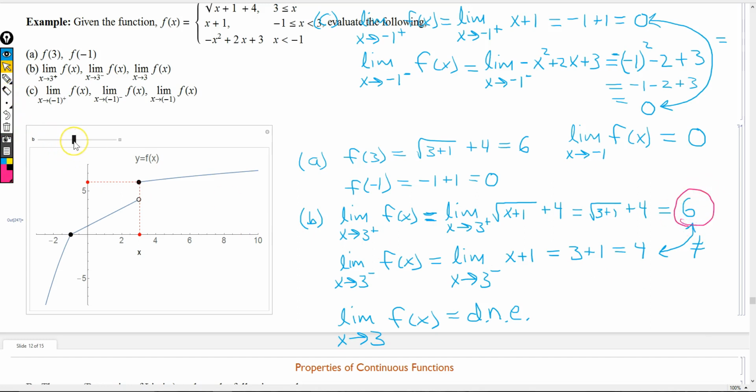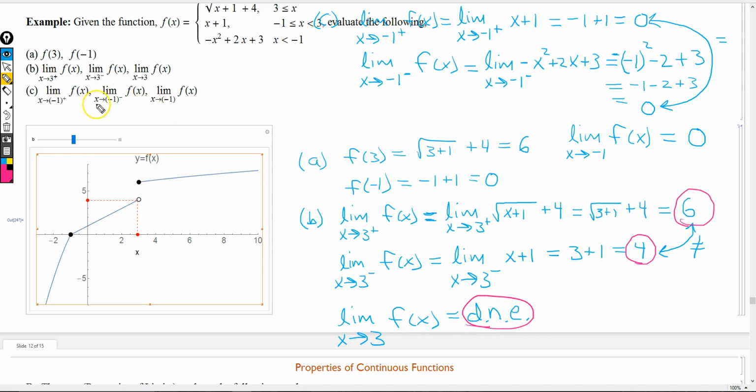And then as x approaches 3 from the left, it looks like my function values are getting closer to 4 right there on the y-axis. So that's verifying this right here. And because those are not the same, the full limit down here does not exist as x approaches 3.